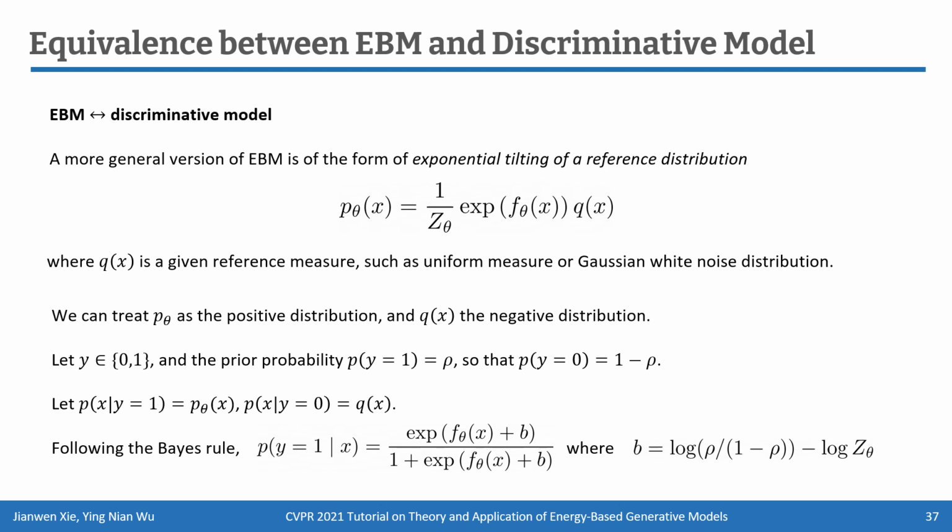We also assume a prior probability of y equal to 1 is rho, so that the prior probability of y equal to 0 is 1 minus rho. P of x given y equals 1 is our distribution P of x, and P of x given y equals 0 is the reference distribution Q. According to Bayes' rule, the model leads to a discriminative model, which is a logistic regression.